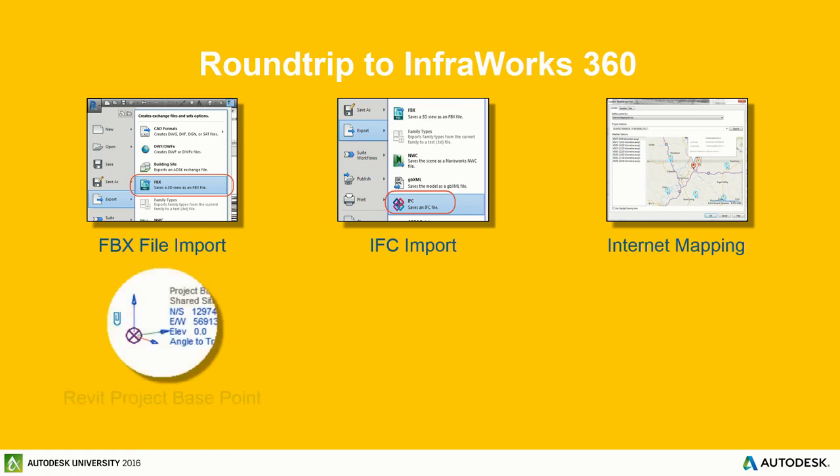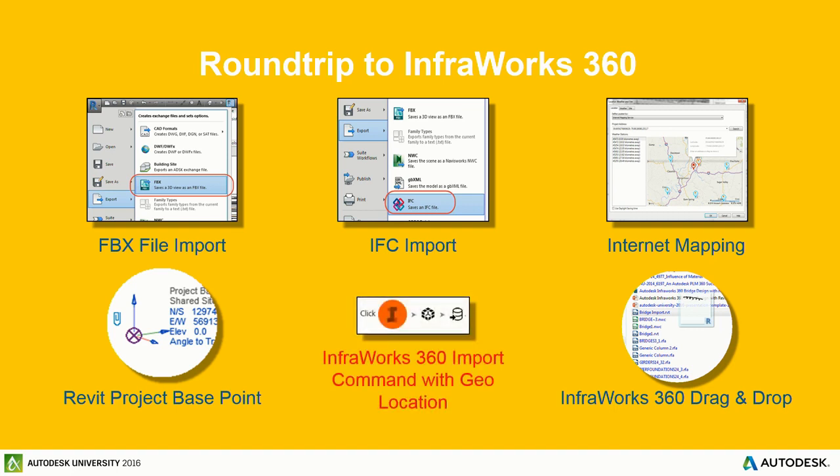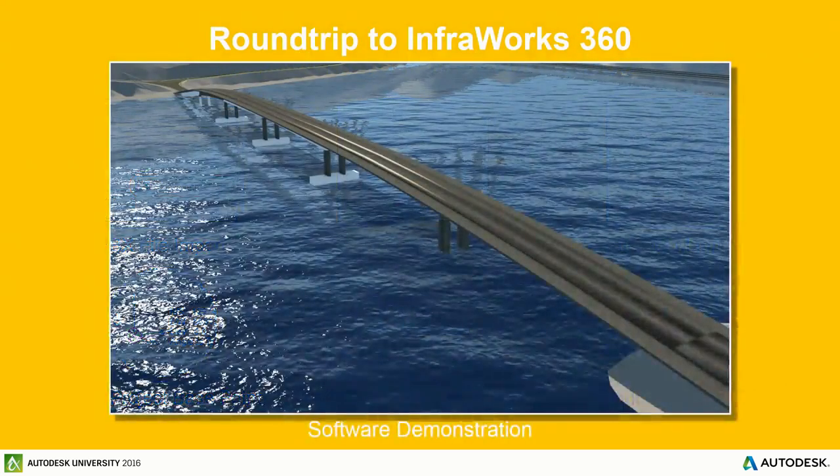Internet mapping with the project base point. Obviously using the InfraWorks, but we can just drag and drop, which I tend to find a nice, easy way to do it. And then obviously we're going to go into the command itself for importing it within InfraWorks 360. In the end, this is what a Revit bridge looks like within InfraWorks. And that's kind of the approach.